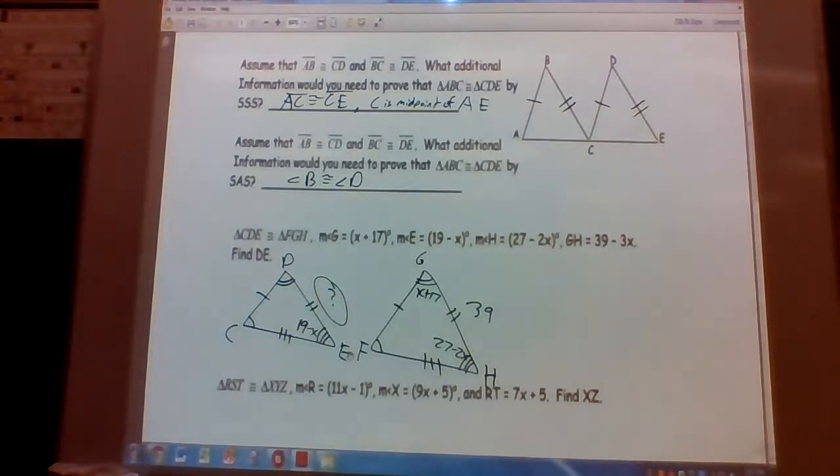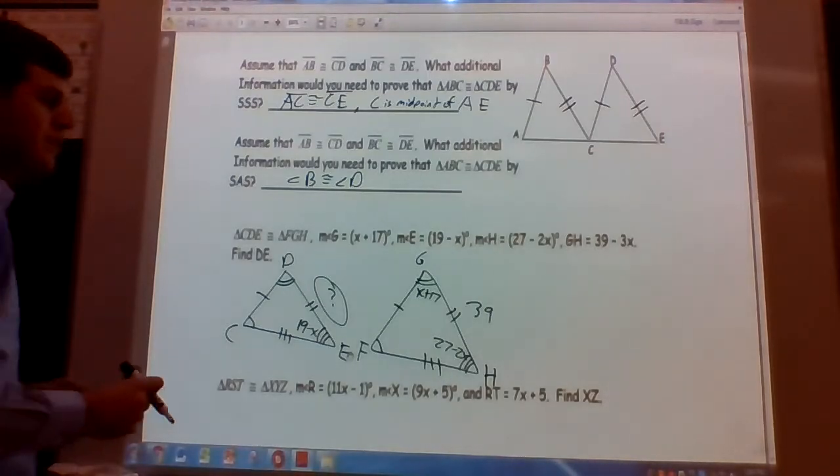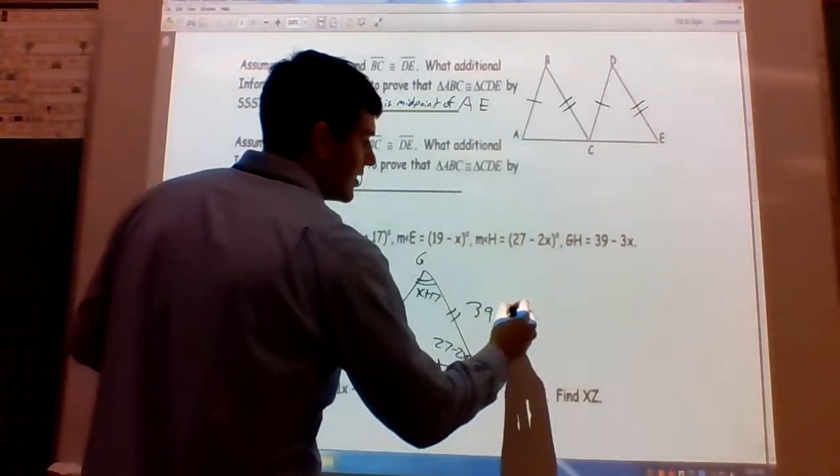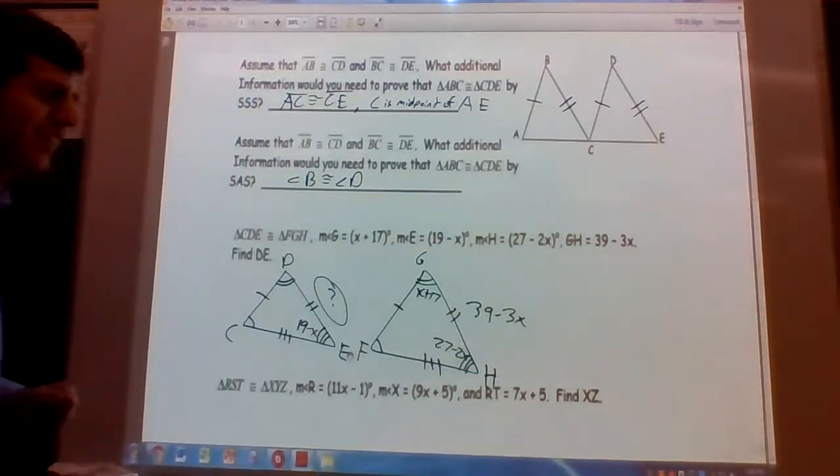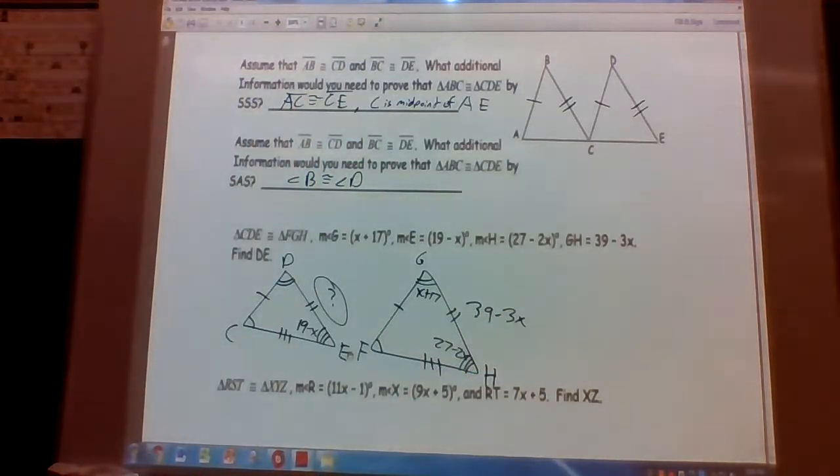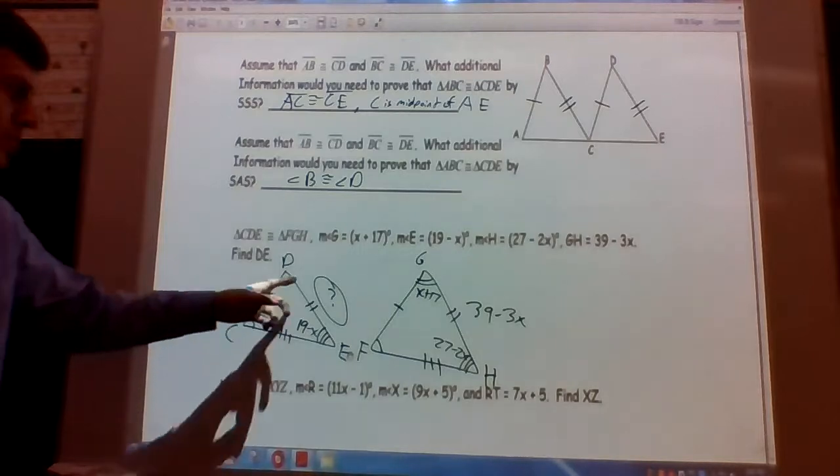So again, if you just looked at that problem, it may look very difficult. I'm sorry, GH is 39 minus 3x. So it's a little more difficult. That makes more sense. Otherwise, this would have just been 39 and that was it.